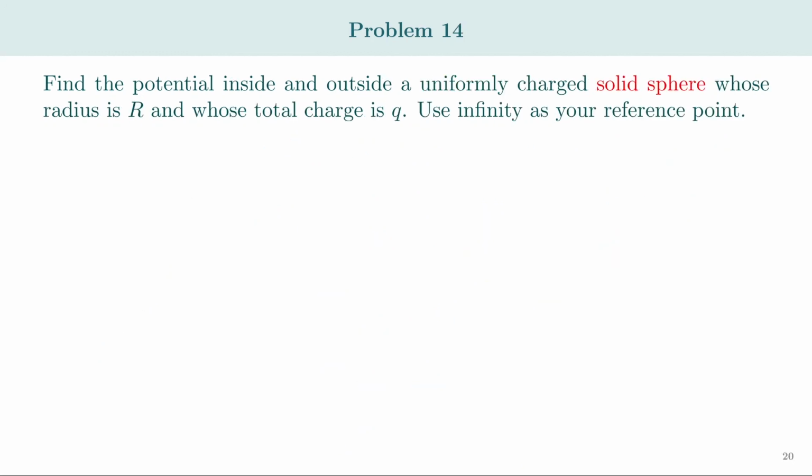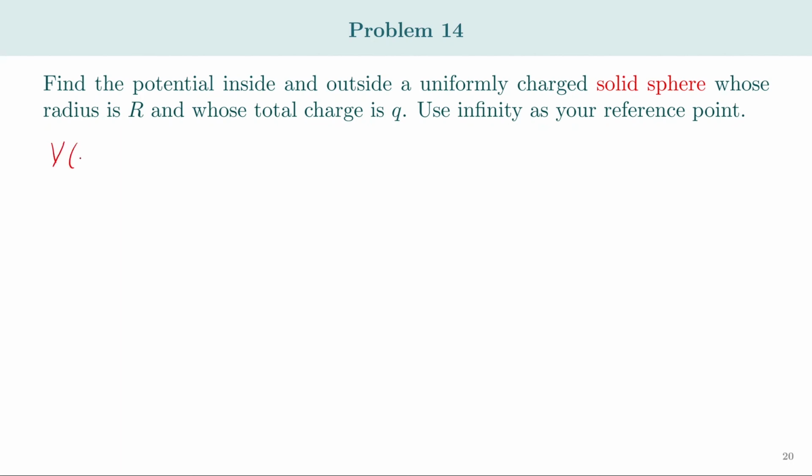The previous problem was to find the potential inside and outside a uniformly charged spherical shell. Now, problem 14 is to find the same in the case of a solid sphere whose radius is R and whose total charge is q. And we are to use infinity as the reference point.